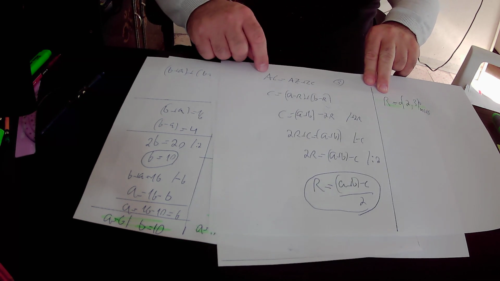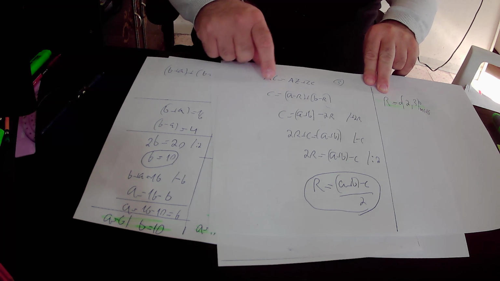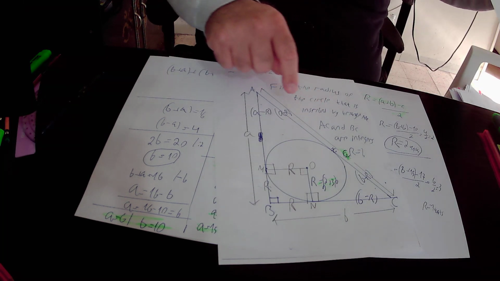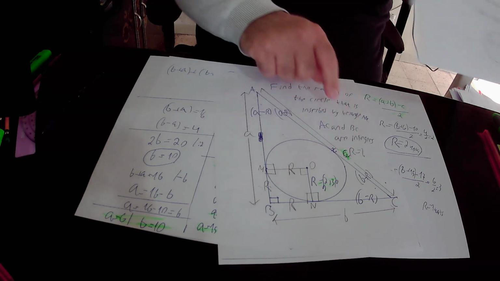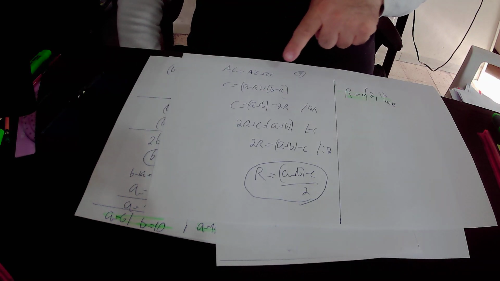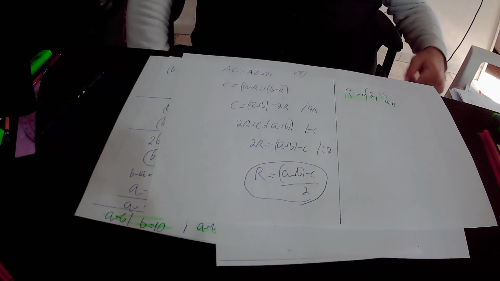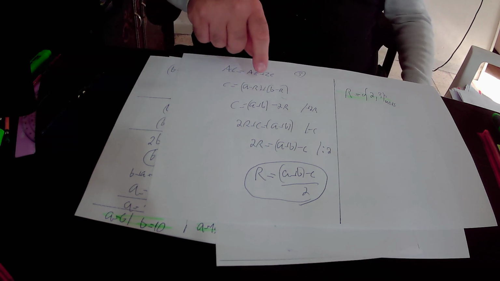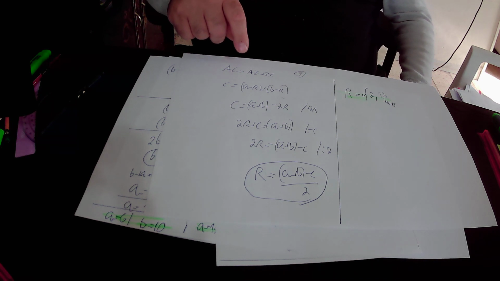According to our definition, the hypotenuse AC equals C, AZ equals A minus R, and CZ equals B minus R. So in conclusion, C equals A minus R plus B minus R, which equals A plus B minus 2R.